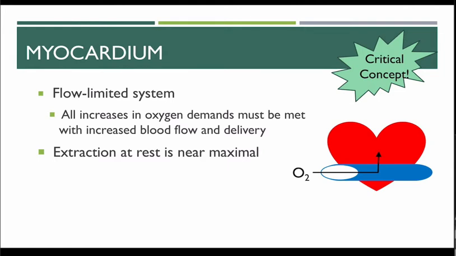Now, unlike skeletal muscle, the way the myocytes handle oxygen is actually very different than skeletal muscle. In your skeletal muscle, let's say in your legs, blood flows by your muscle and you do not take all of the oxygen out. In fact, you don't take very much out at all at rest.